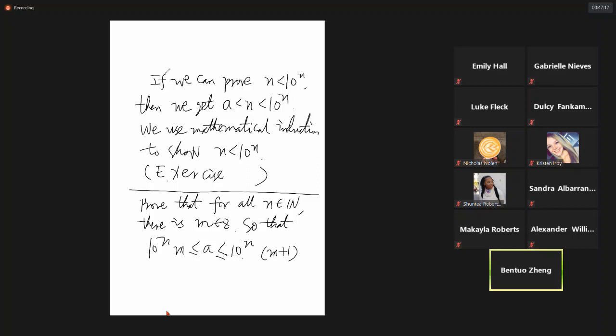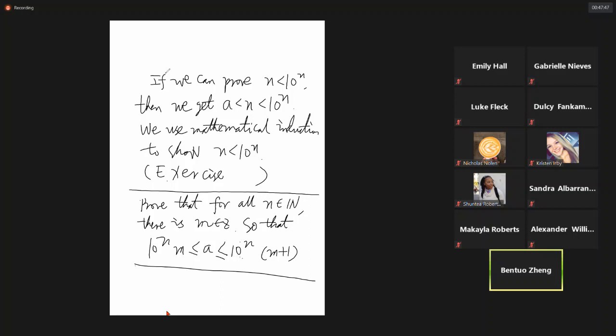Okay, so a is greater than 10 to the nth power times m and less than or equal to 10 to the nth power times m plus 1. Okay, let's look at this inequality.